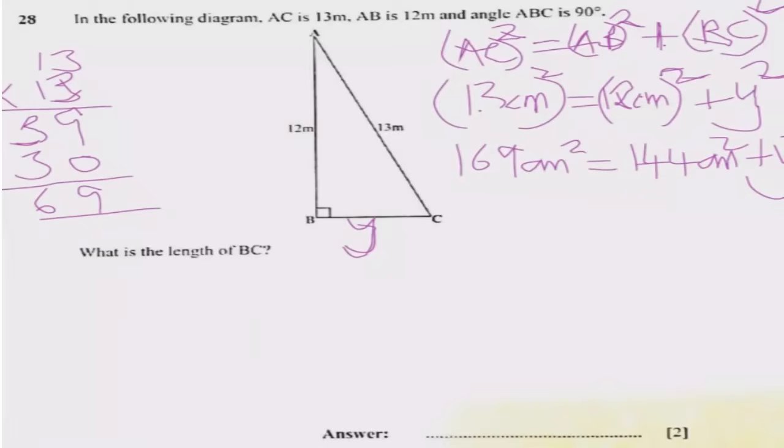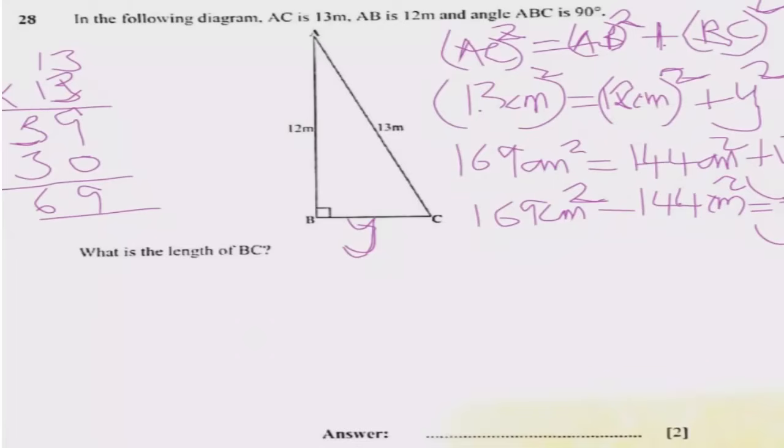Okay. Then once we've done that, what we need to do is we put like terms together. So we have 169 centimeter squared, then 144, close the equal sign and come this side, which is going to be minus 144 centimeter squared, which is equal to y squared.